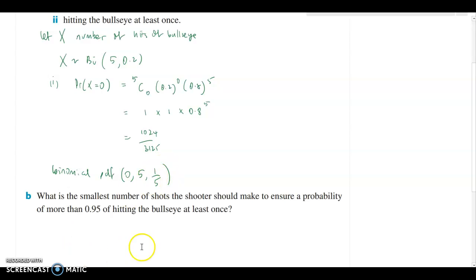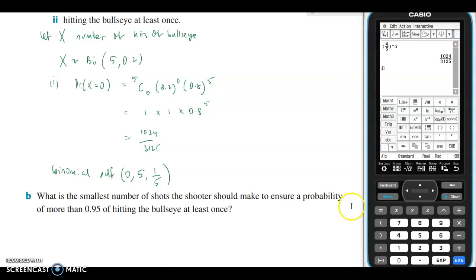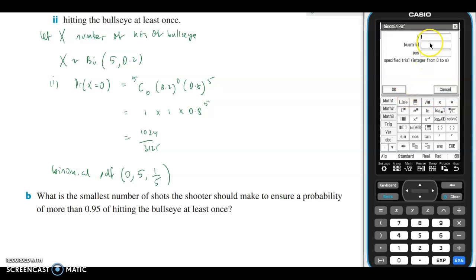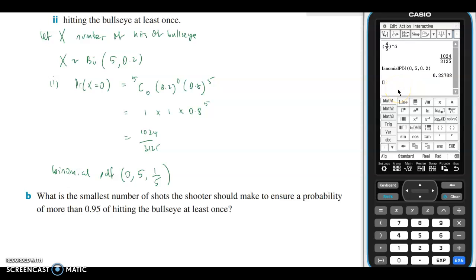Let's see if that works as well. So we go to interactive, distribution, discrete, Binomial Pdf. 0 successes, number of trials is 5, probability of success was 0.2, press OK, and there we have it.